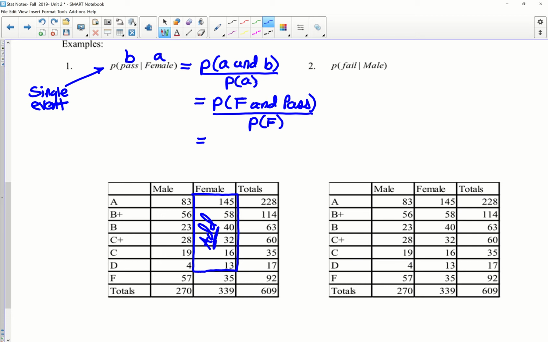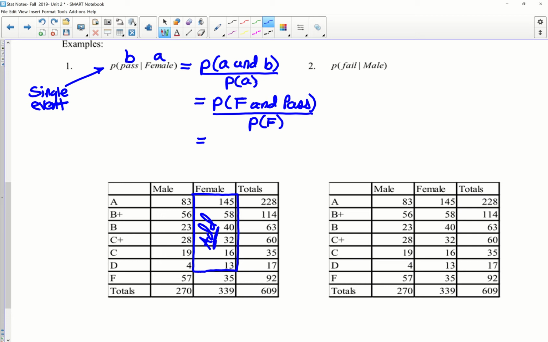So if you add them all up, now you can kind of use a little common sense, a little mathematical wizardry. In order to be a passer, you're not going to be one of the ones that failed, right? So if I just take the total number of females and knock off the 35 that failed, then these values must add up to that difference. So you can get the 304 that way.